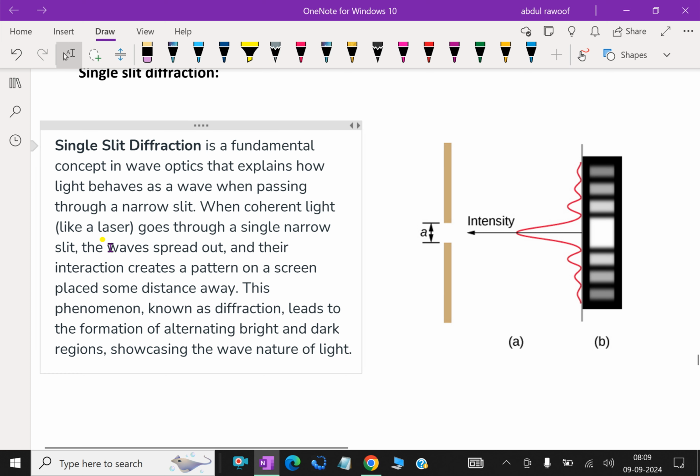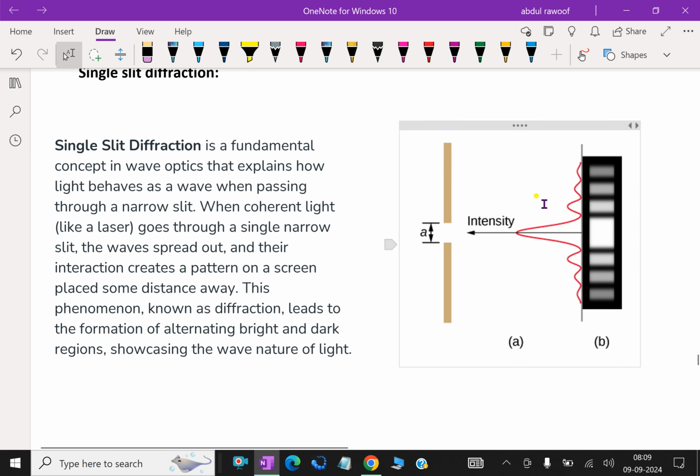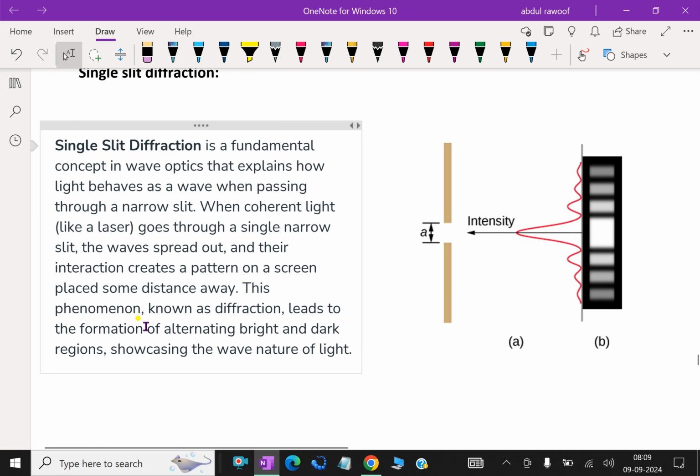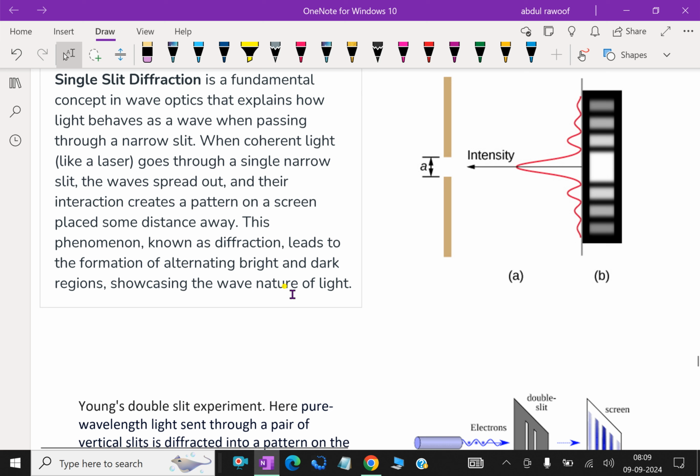When coherent light, like a laser, goes through a single narrow slit, the waves spread out and their interaction creates a pattern on a screen placed some distance away. This phenomenon, known as diffraction, leads to the formation of alternating bright and dark regions, showcasing the wave nature of light.